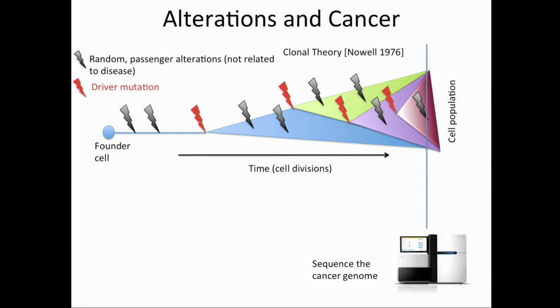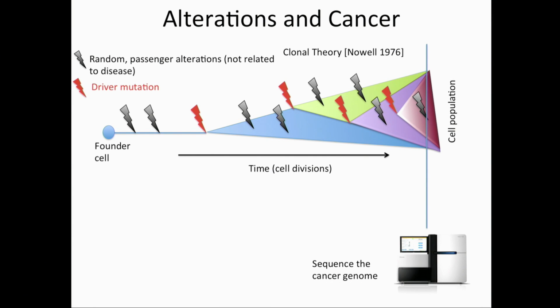The way in which a tumor develops is we start from a normal cell that is the founder cell for the tumor, that during its lifetime accumulates mutations. Some of these mutations are random passenger mutations that do not change the way in which the cell functions and are represented by these black flashes, while other mutations, represented by these red flashes, confer a selective advantage to the cell.